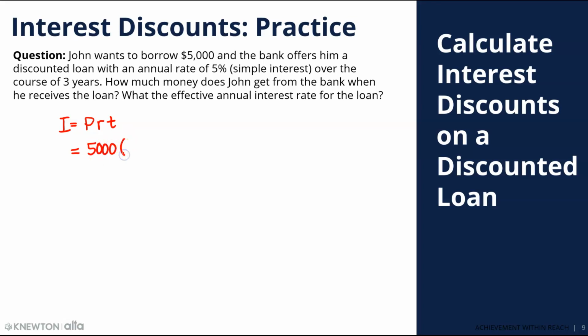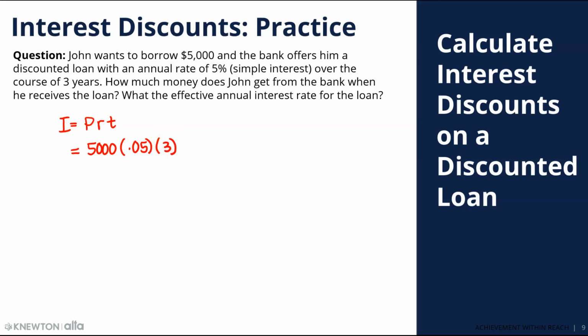The rate is 5%, which is written in decimal as 0.05, times the number of years, so times 3 years. Again, the time is expressed in years. So if it's in months, you have to convert months to years. In this case, it is given in years, so you just have 3 here for the time.